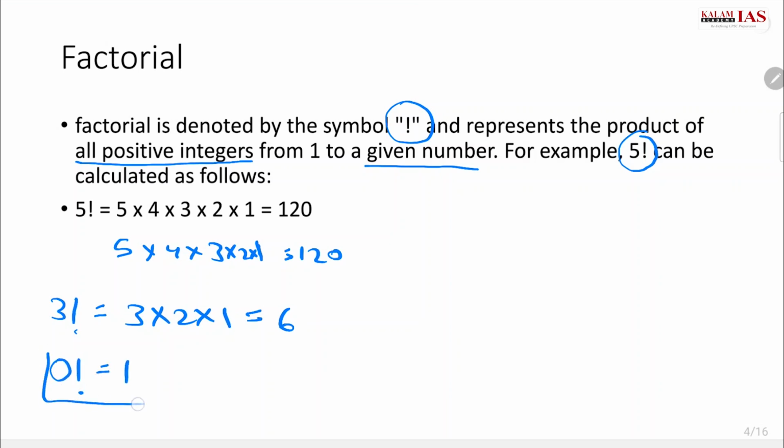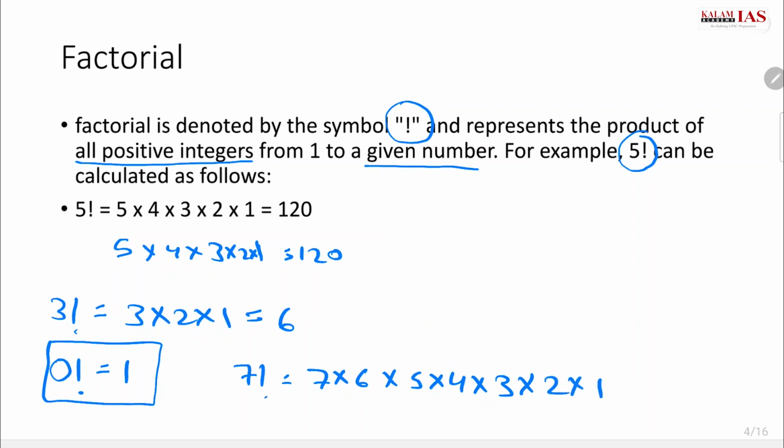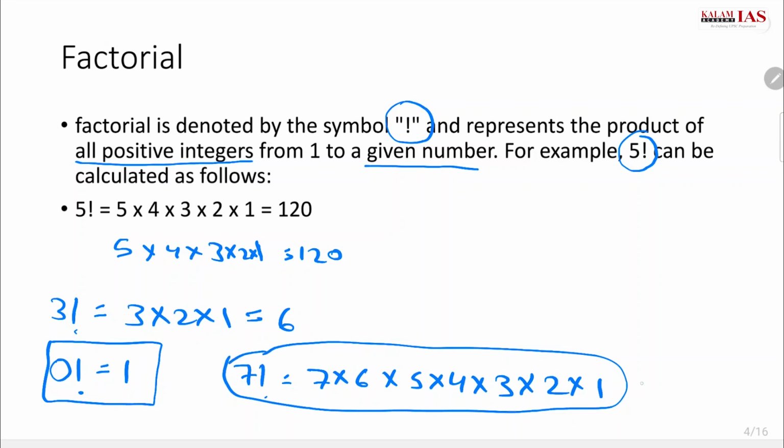This is by definition, there is no logic as such in this. Suppose we have to find 7 factorial, that will be 7 into 6 into 5 into 4 into 3 into 2 into 1. When we multiply all these numbers, the answer we get is equal to 7 factorial.